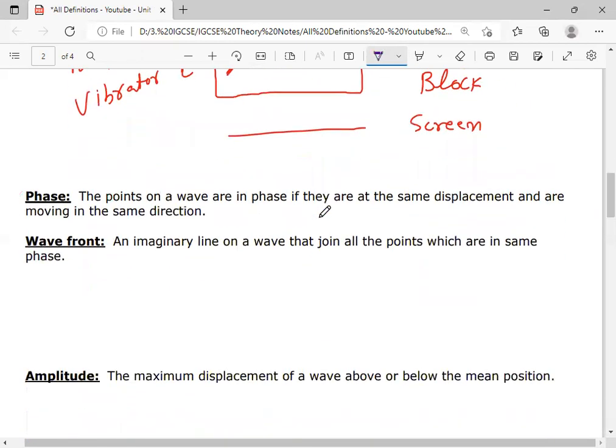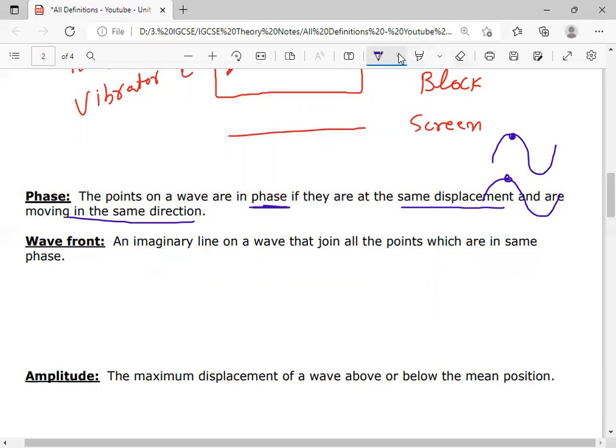Next comes the definition of phase. The points on the wave are in phase if they are at the same displacement and moving in the same direction. Let's suppose we have these two waves, then these two points are in the same phase because their displacements and their directions are the same.